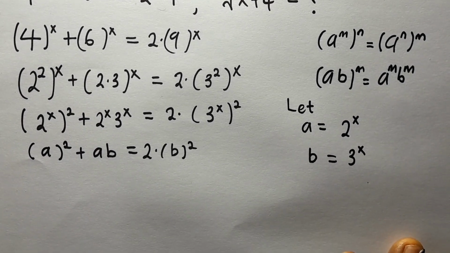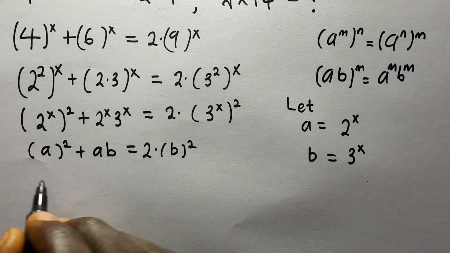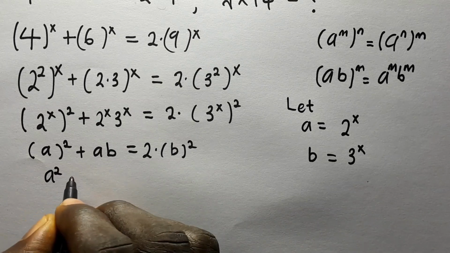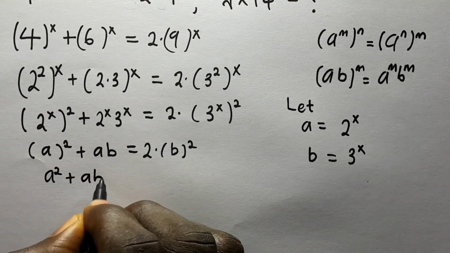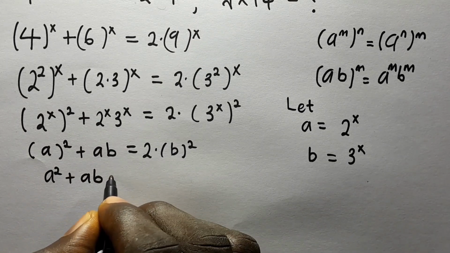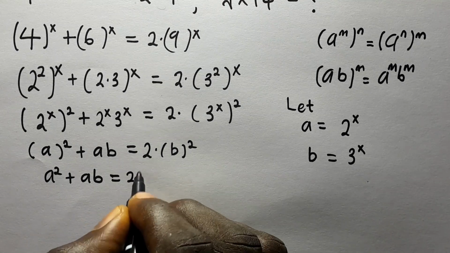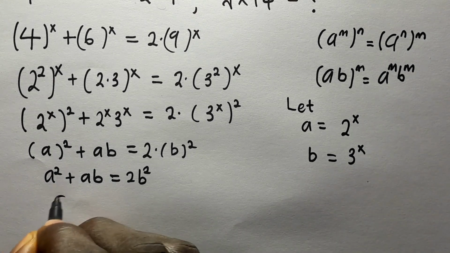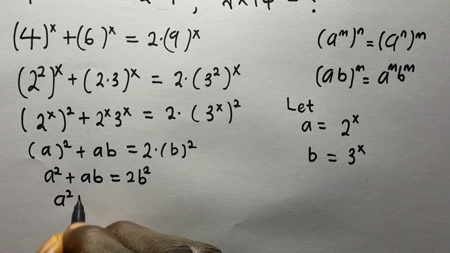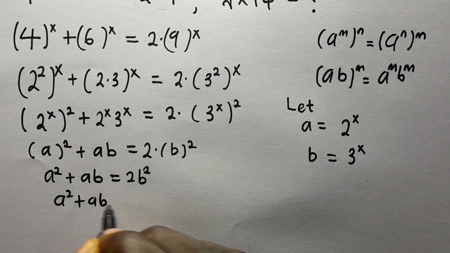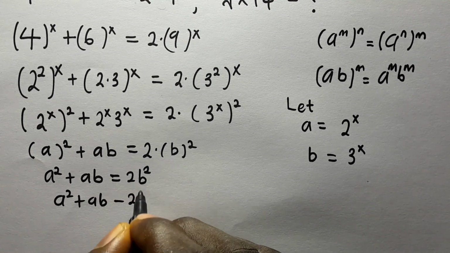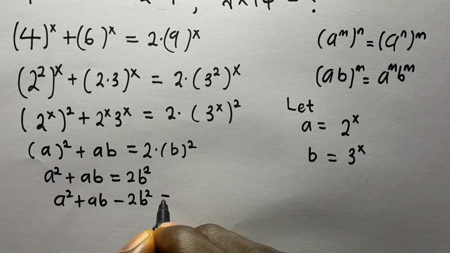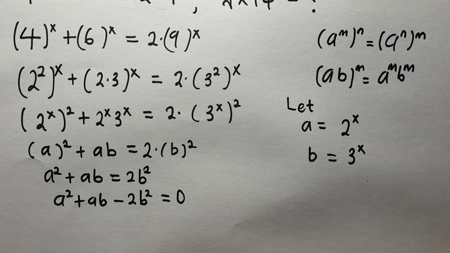So from here, we have a square plus ab equals 2b square. Now, to solve this quadratically, we have a square plus ab minus 2b square equals 0.